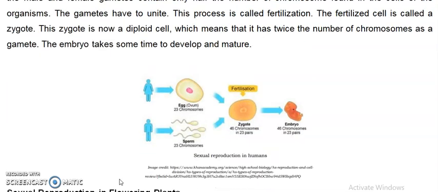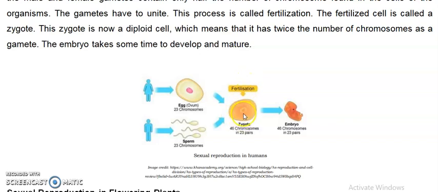So this is the process of sexual reproduction in humans. The egg from the female unites with the sperm from the male. Fertilization occurs when they unite.